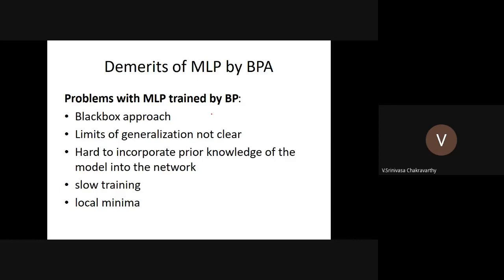Now, it's hard to incorporate prior knowledge. Sometimes there are aspects of the problem that you know and you understand, and you would like to help the network. That is, you want to give the network a head start, saying that I don't know how to solve this problem in its entirety, but I know this part of the problem is understood. So for example, let us say I'm trying to recognize characters, alphabets.